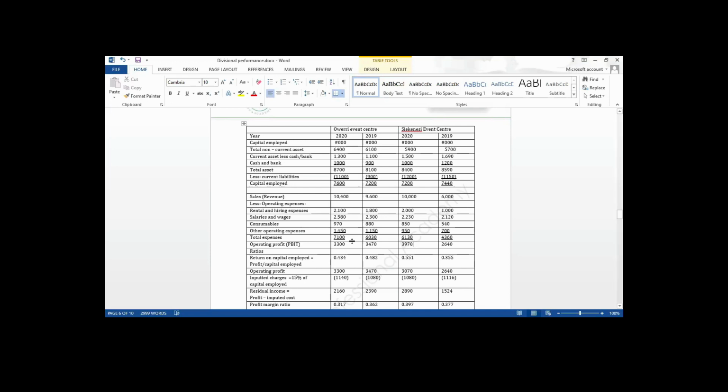Now, the profits divided by capital employed. 3,300 divided by 7,600 multiplied by 100.